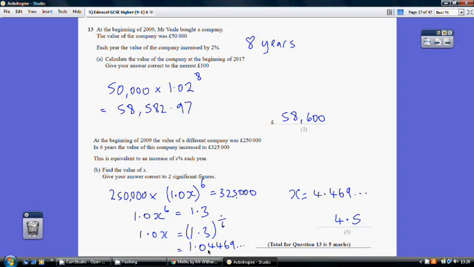So focusing on this component here after the 0, my percentage increase is 4.469%, which to two significant figures is 4.5%, being the percentage increase each year.